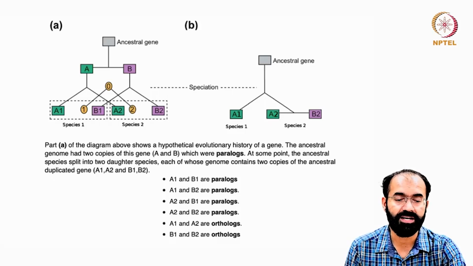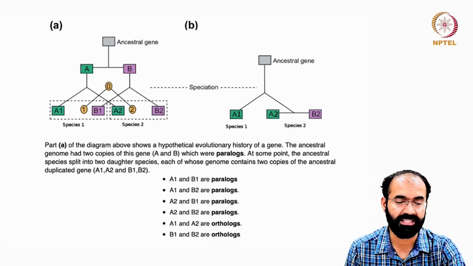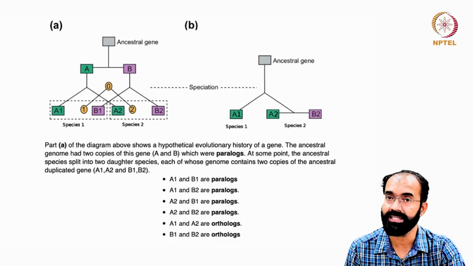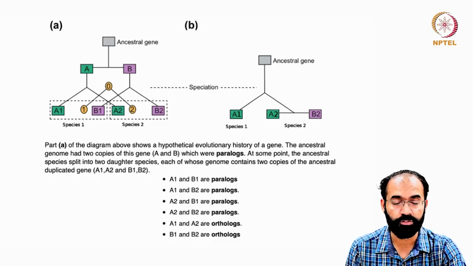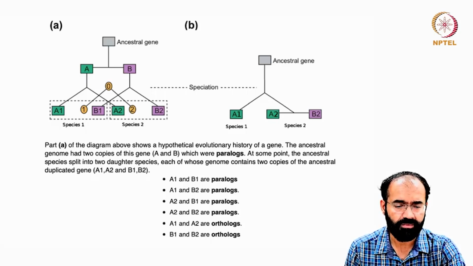However, what you should understand, this A, when it is further separating in a small fraction, A1 and A2, A1 is in one species and A2 in another species. So B also similarly, remember A and B originated from one ancestral gene. B is also now separated into B1 and B2, both in two different species.